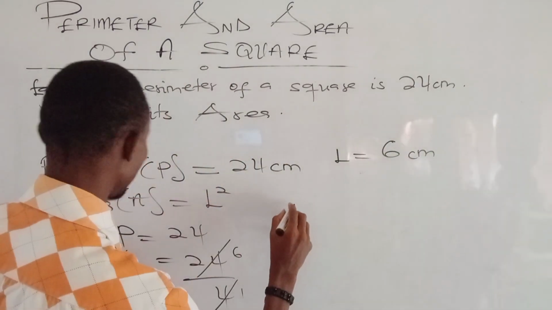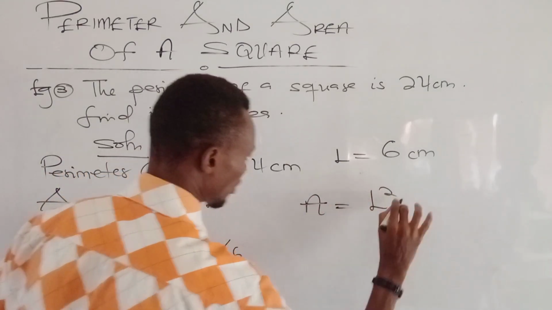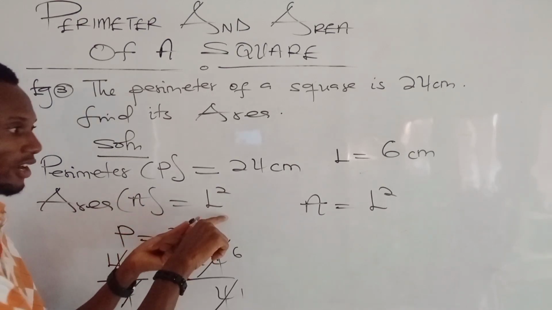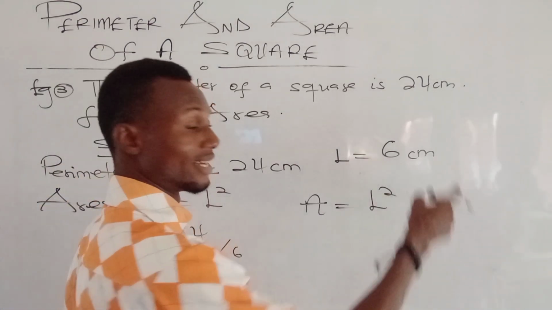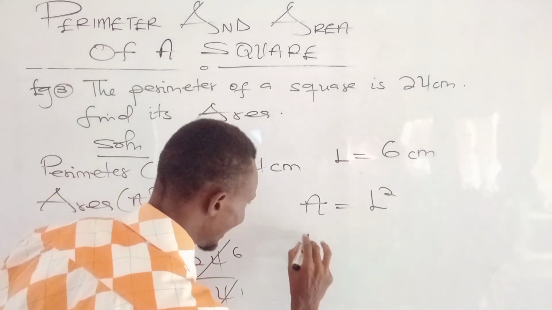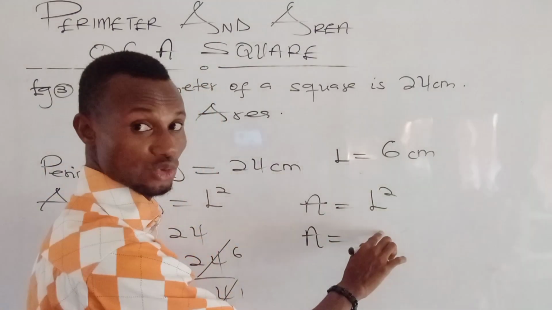The formula for finding the area is area A equals L square, which we've written here. Now we know our L to be 6 centimeters, and L is the length. So now I'll put the value of L into the formula.